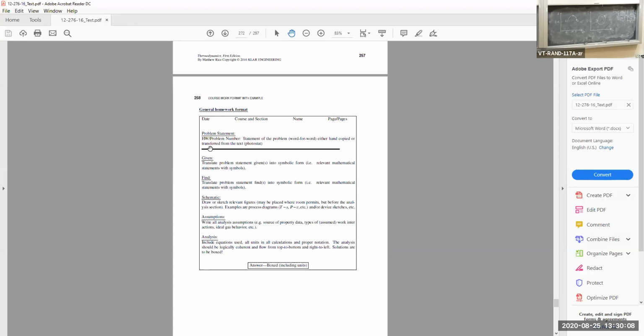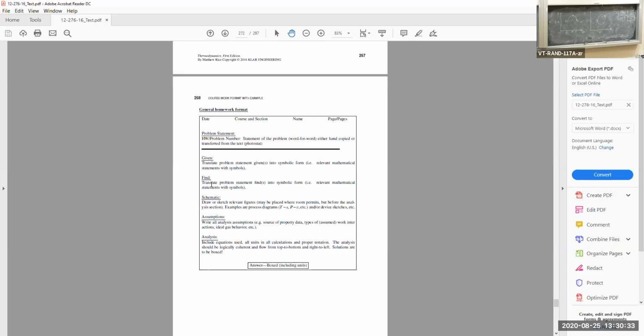And then you put a nice thick black line right here. Right below it, you have a section called given. In this section, you translate the problem into mathematics. What are you given? Then you have a section called find.